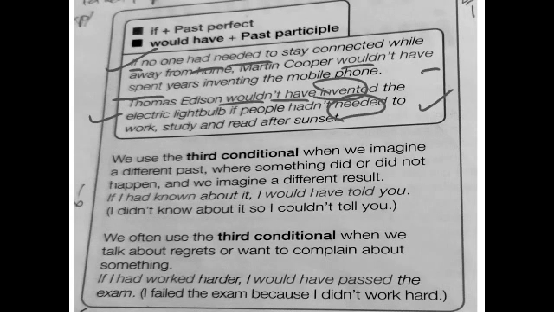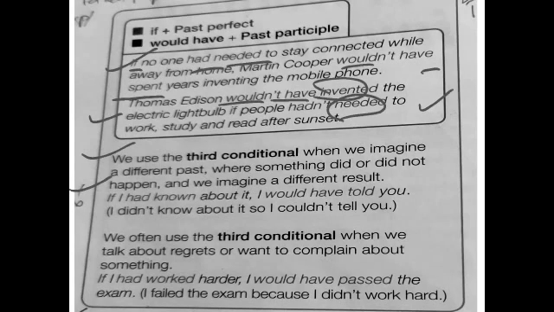the function of third conditional. Where do we use third conditional? We use third conditional when we imagine a different past, where something did or didn't happen the way we imagine. Okay, so we are talking about a different result. An example is: if I had known about it, I would have told you. I was totally unaware of the fact.